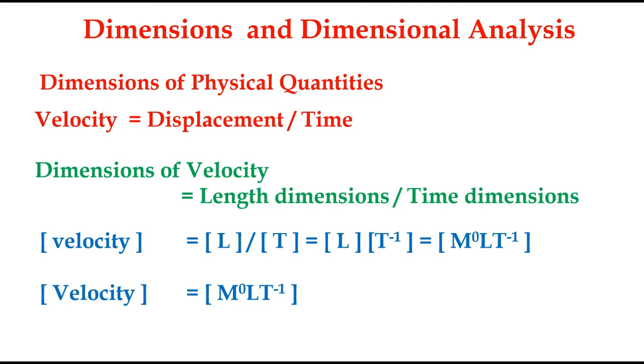The use of square brackets indicates that we are talking only about dimensions and not the actual values. In this notation, velocity is equal to dimension of length by dimension of time, which can be written as L into T inverse. So finally, M^0 L T^-1. The velocity dimension formula is M^0 L T^-1.